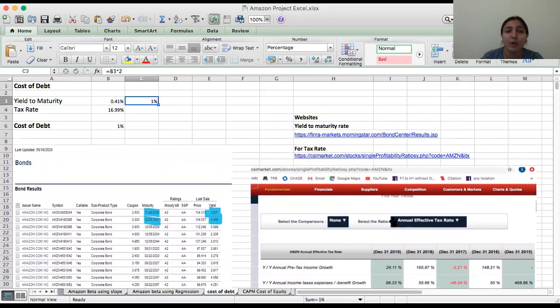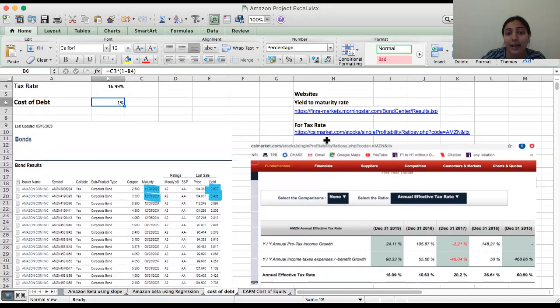And the formula for cost of debt is yield to maturity rate multiplied by 1 minus the tax rate, which I will show you. It is over here. See, it's the same, yield to maturity multiplied by 1 minus the tax rate. So in this way, I got my cost of debt as 1%.